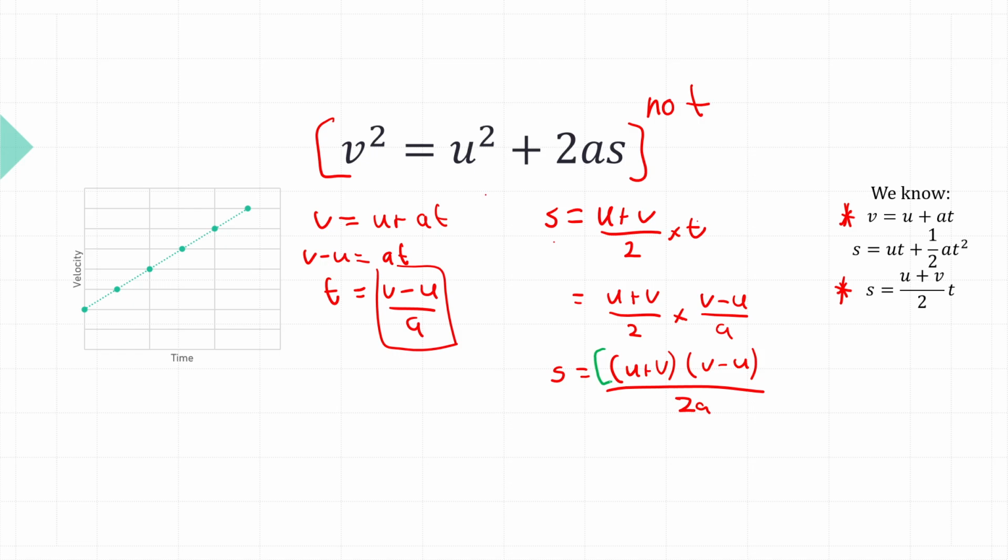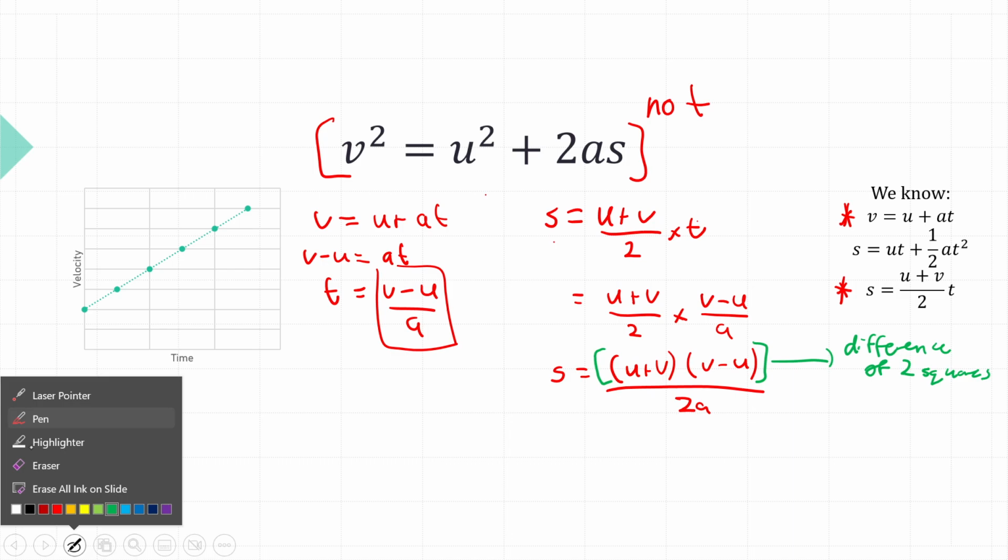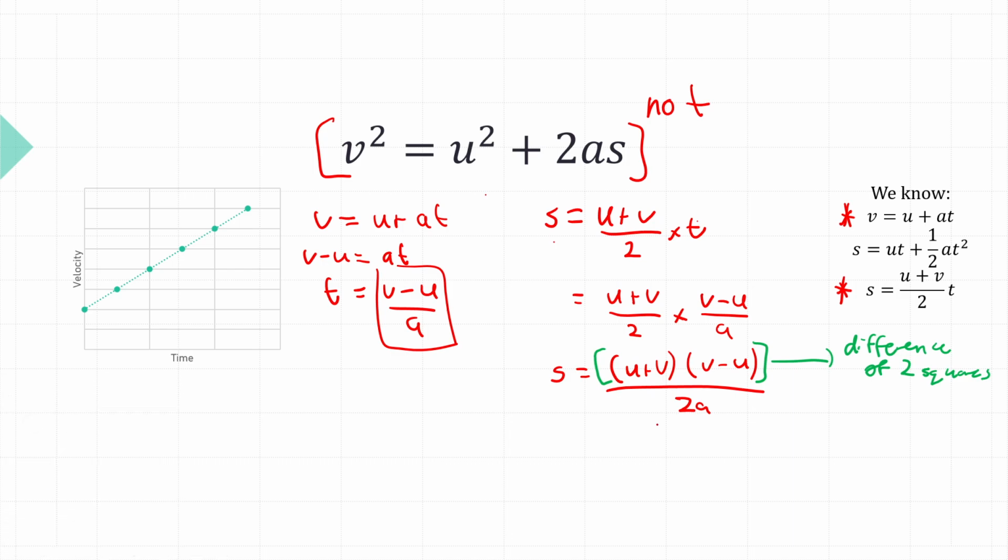You may recognize this from previous work in maths as difference of two squares. Now, because this is difference of two squares, it's really easy to expand those values. The numerator is going to effectively turn into v squared minus u squared, and that's going to be over 2a.